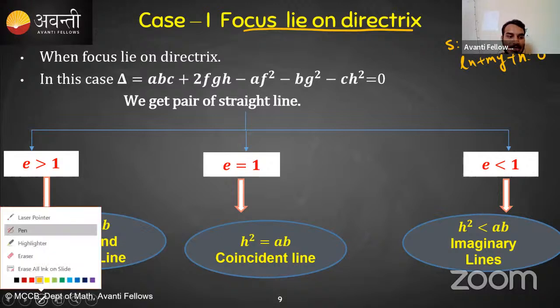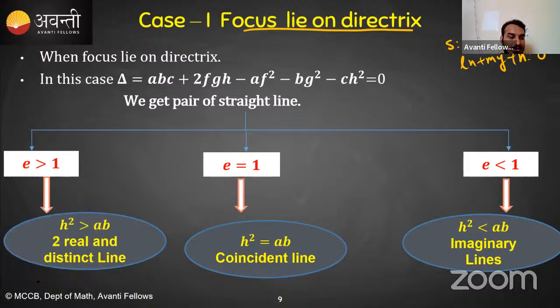And when the focus lies on the directrix, meaning the point alpha comma beta lies on the line lx plus my plus n equal to 0, then delta, which is abc plus 2fgh minus af square minus bg square minus ch square, becomes 0.